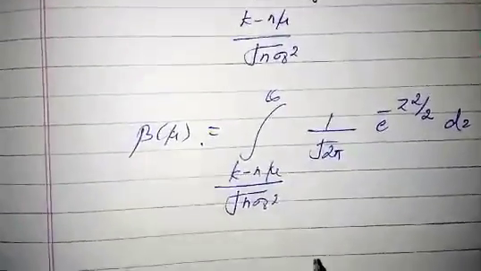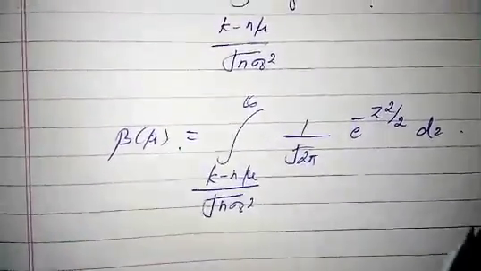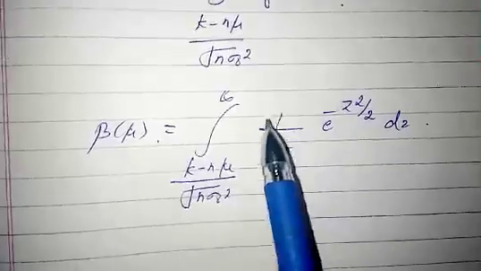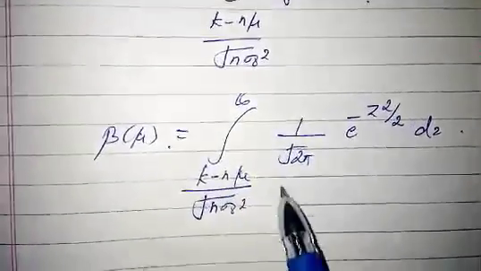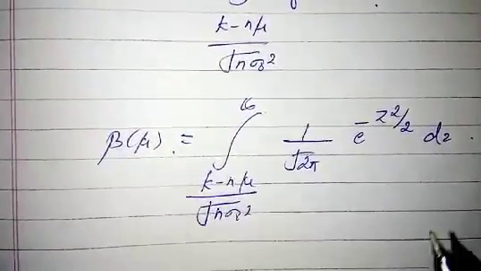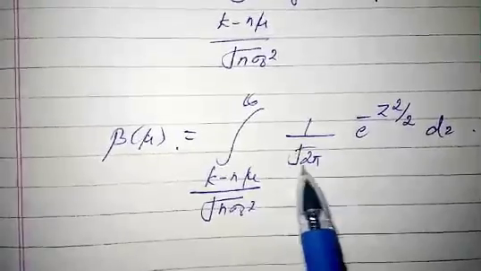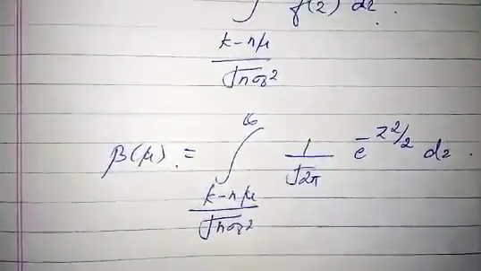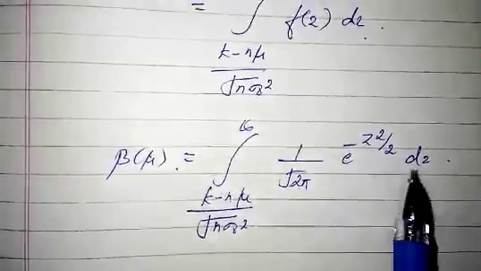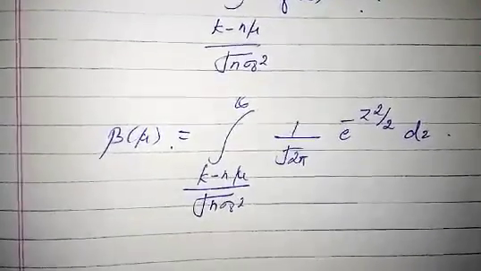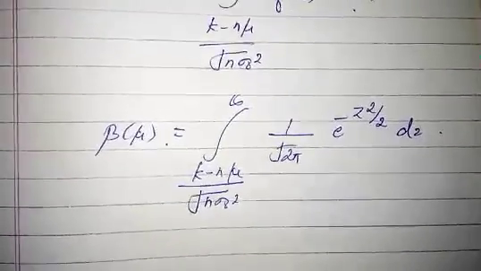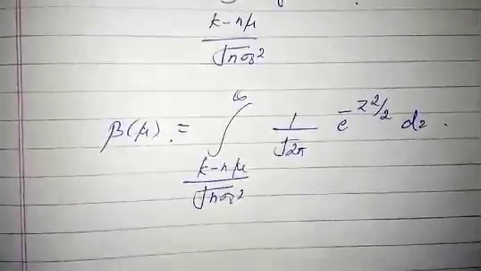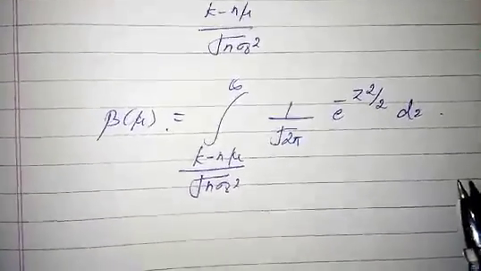So we have to differentiate beta of mu, right? Here the limits contain the parameters, mu and sigma naught square, but the PDF f of z does not depend on any parameters, right? So we can use the Leibniz rule for differentiation.